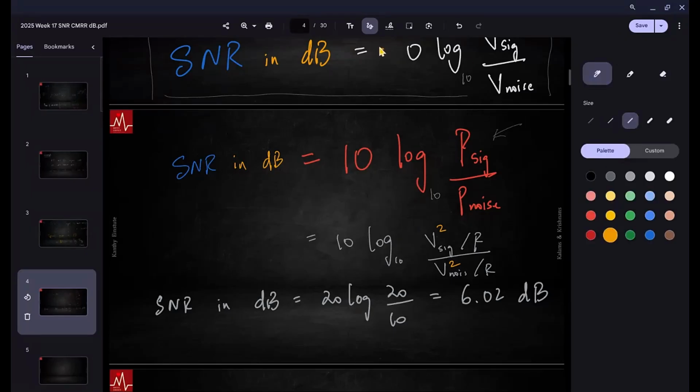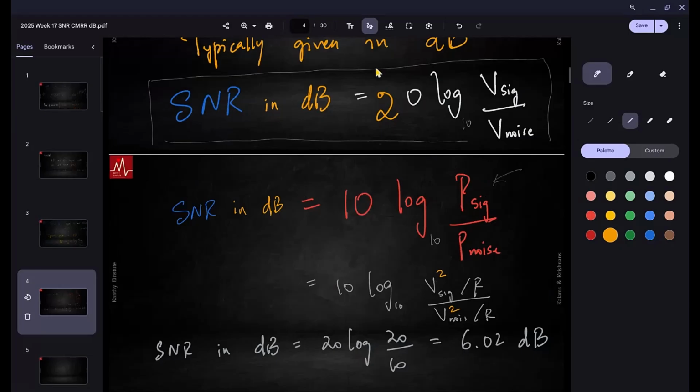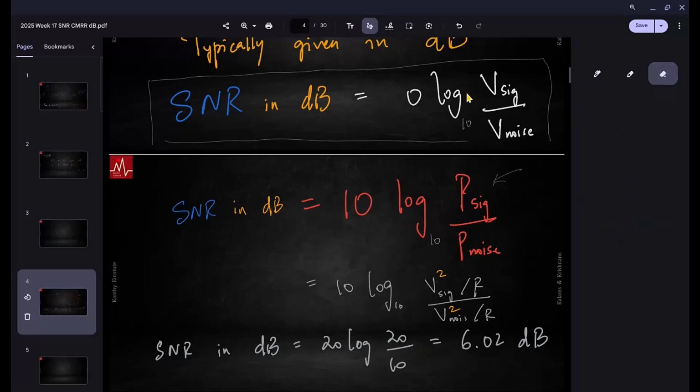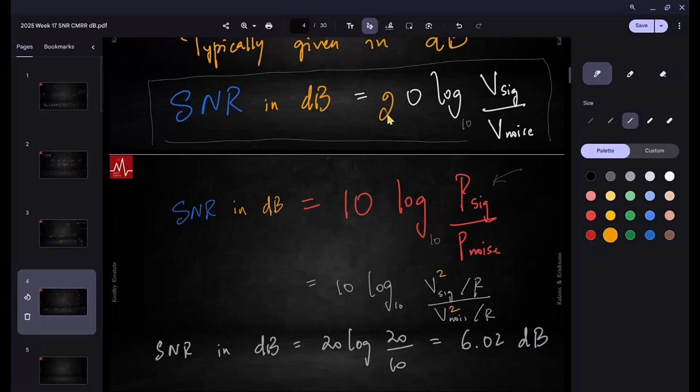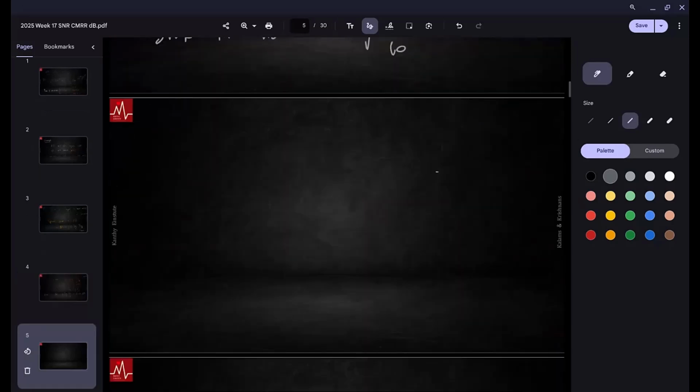So if the amplitude of the signal, let's say an electrical signal, voltage or current, is given, it's going to be 20 log of the ratio. It could be SNR or gain, for example. If power is given, ratio of powers, you do 10 log. So let me write it down explicitly.